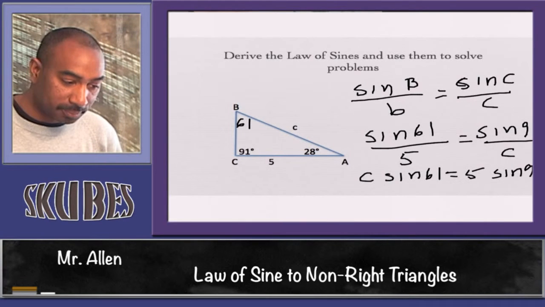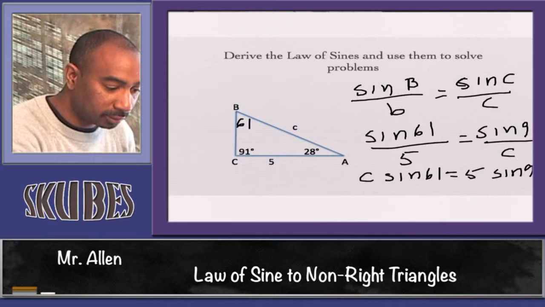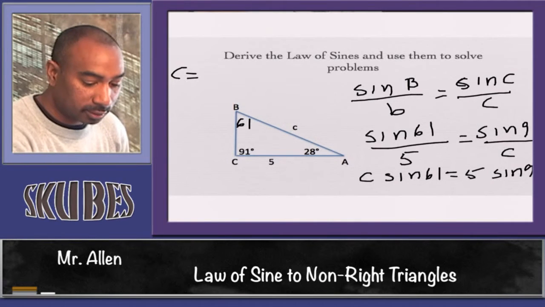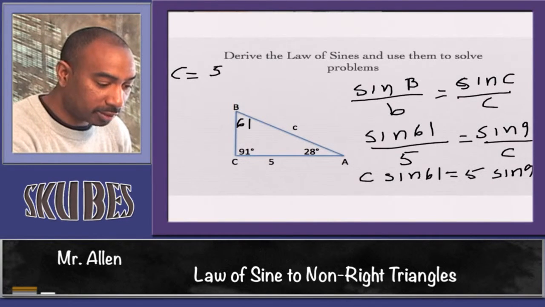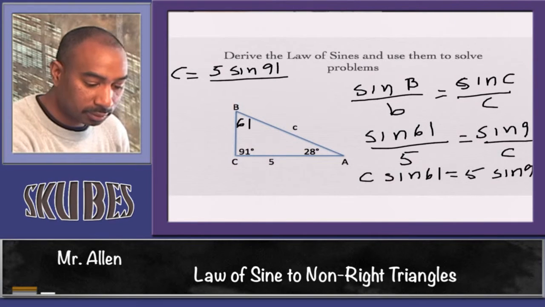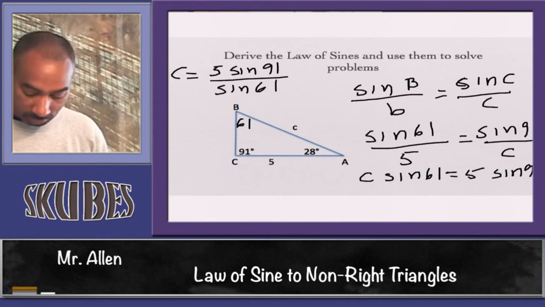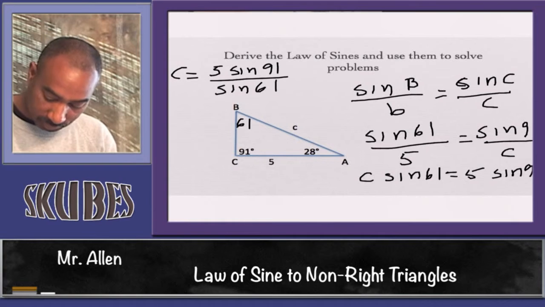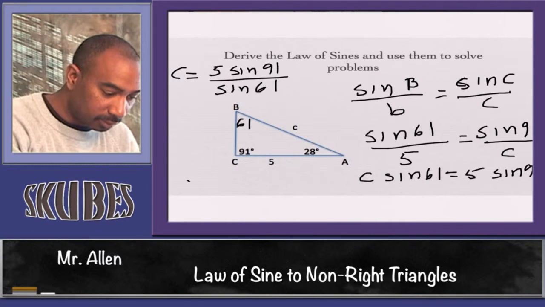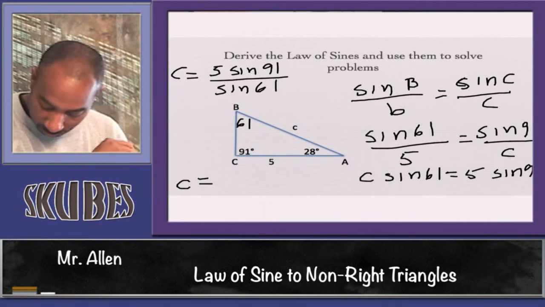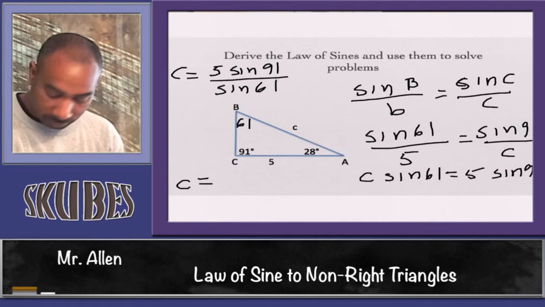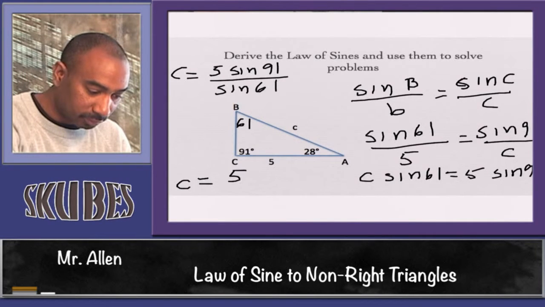So you get c is 5 over sine 91 over sine of 61 degrees. And if you simplify that, you're going to wind up with roughly about 5.7.